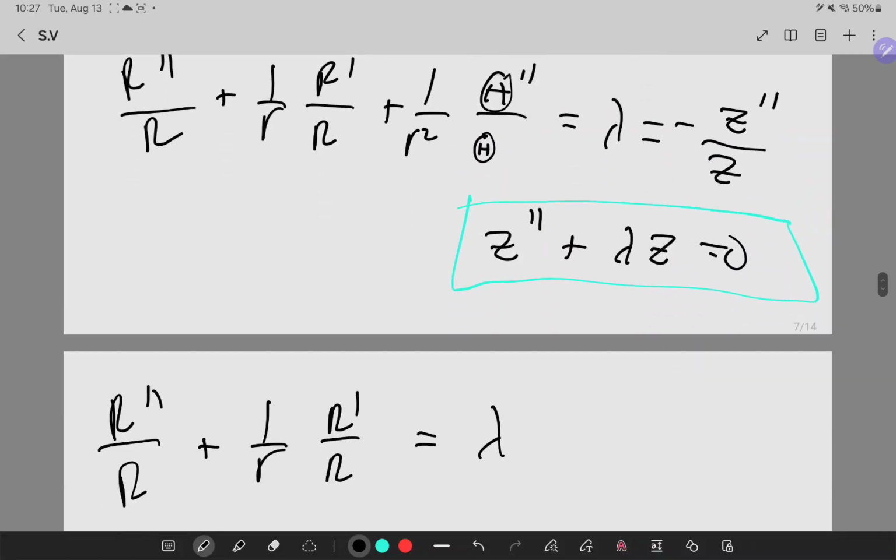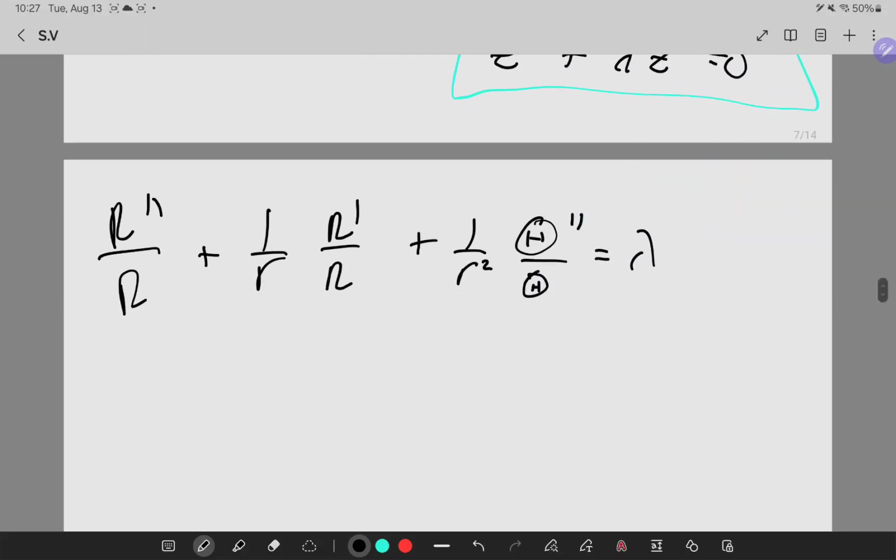Oh, I forgot this here. We can multiply everything by r squared.